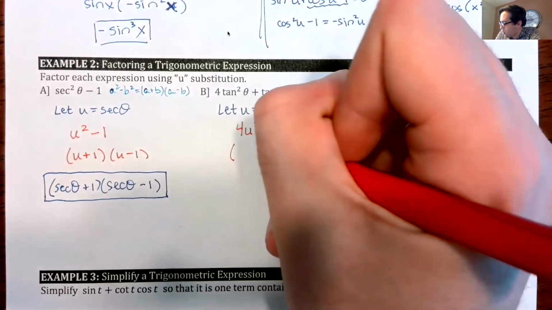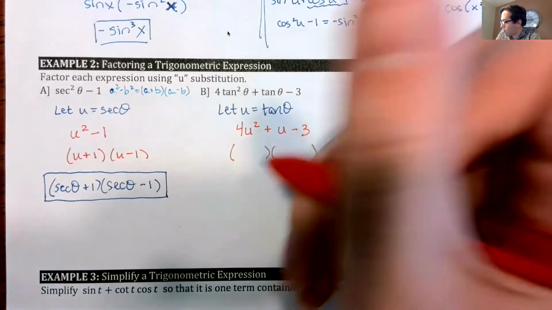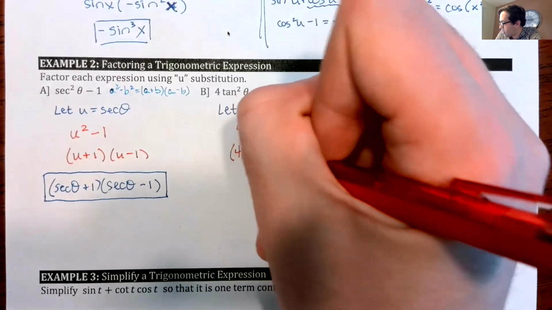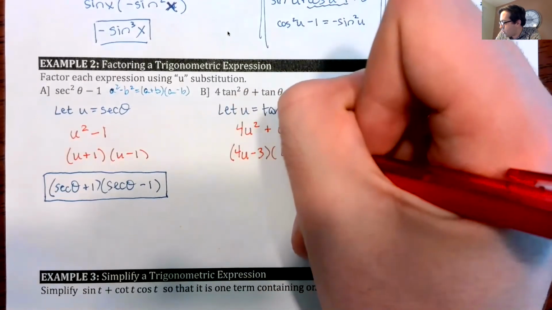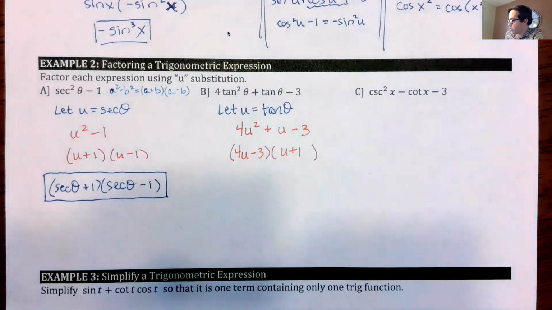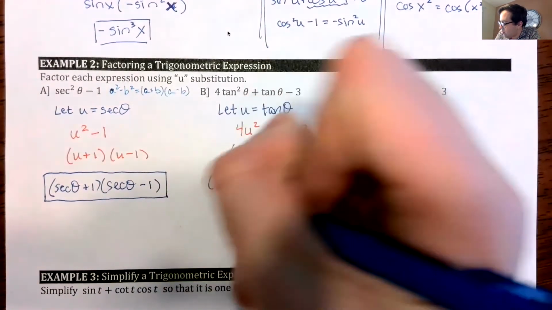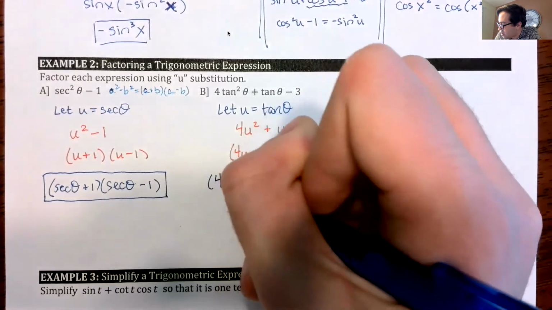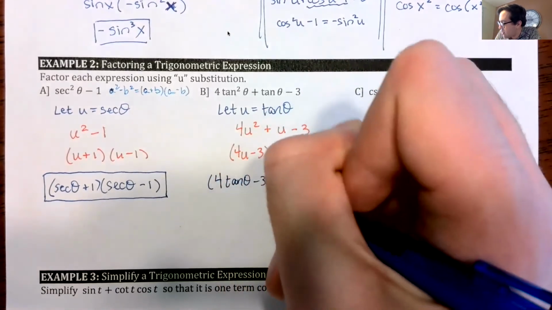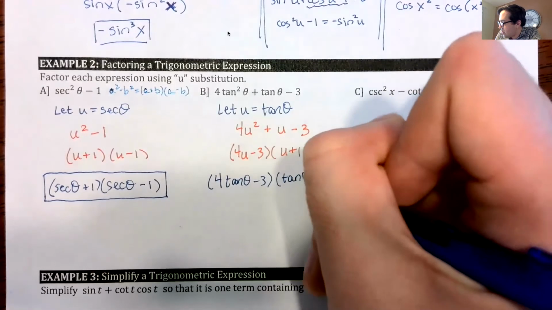But once you use some sort of factoring method, you're going to end up with 4u minus 3 and u plus 1. And if we switch back out of the u substitution, plug back in tangent, we're going to end up with the factored form that is 4 tangent of theta minus 3 times tangent of theta plus 1.